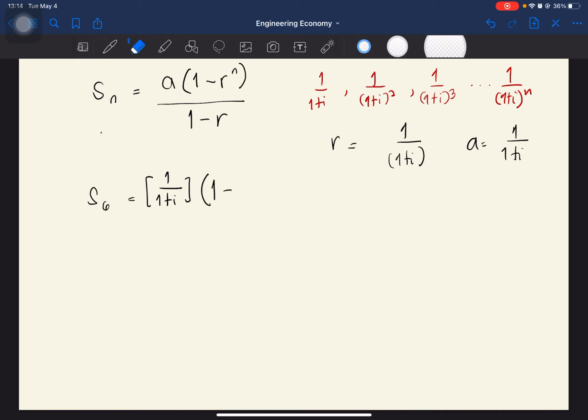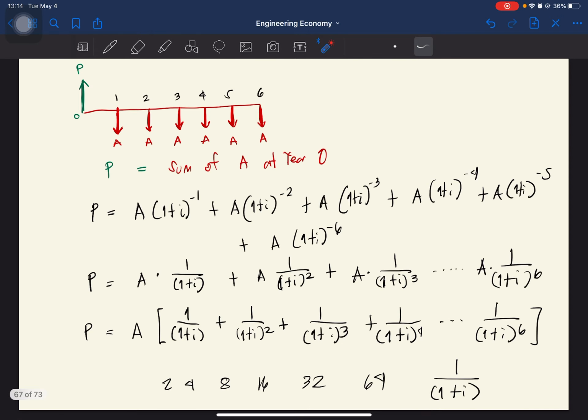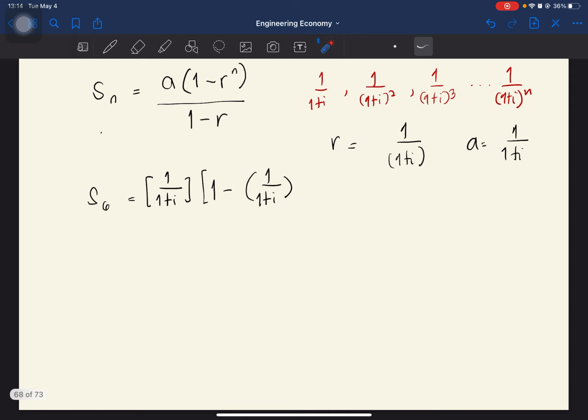Ang r natin is, ito. 1 over 1 plus i raised to n. Ilang terms ba yun? 6, di ba? Sa example natin, there are 6 payments. Okay? So, 6. Tapos, 1 minus r.